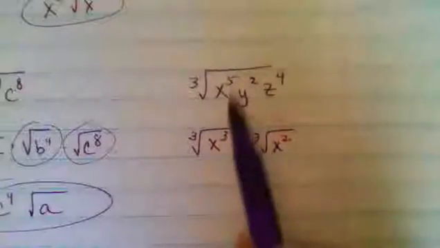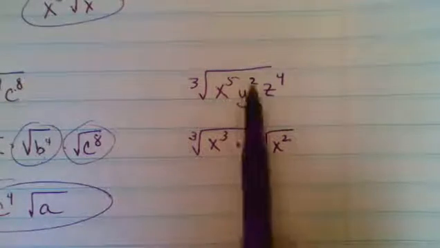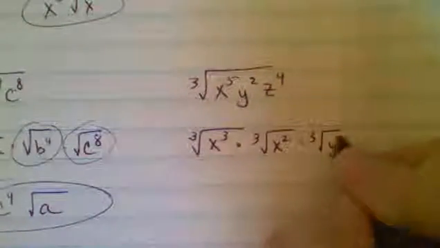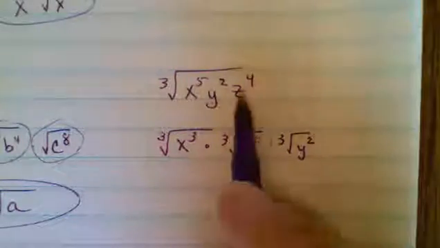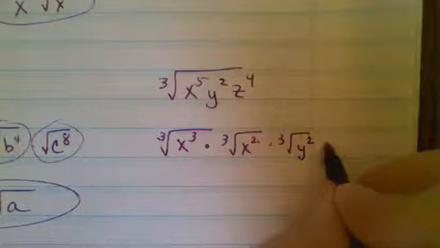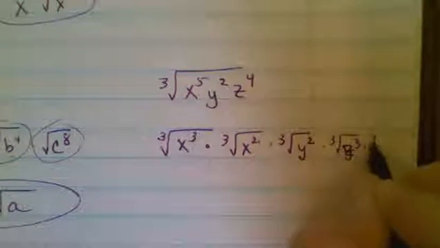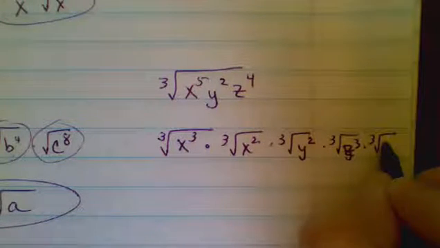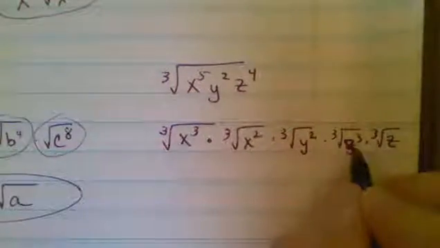So I broke up the 5 into a perfect cube, and then what's left over? Y squared is already smaller than 3, so I'm just going to leave it as the cubed root of y squared. I can't take any perfect cubes out of that. This one is bigger than 3, so I can take out again a cubed root of z to the 3rd. I'm left with a z to the 1st.